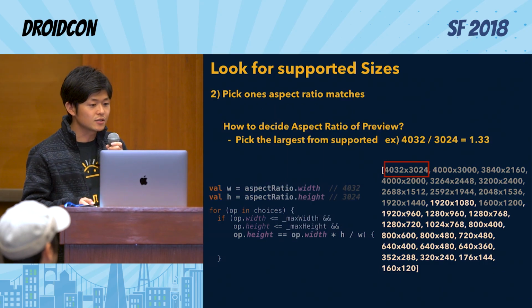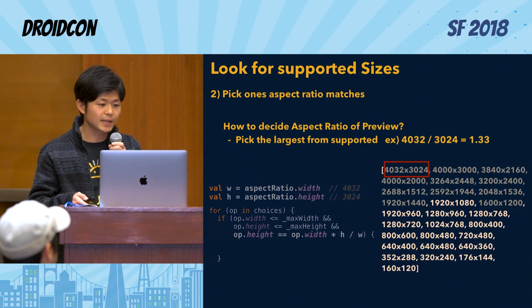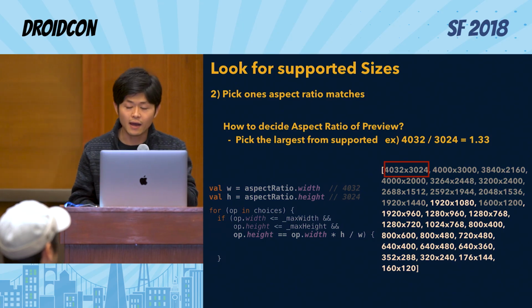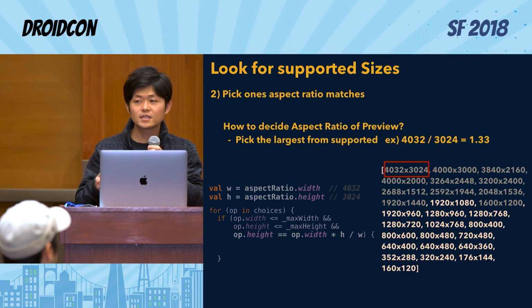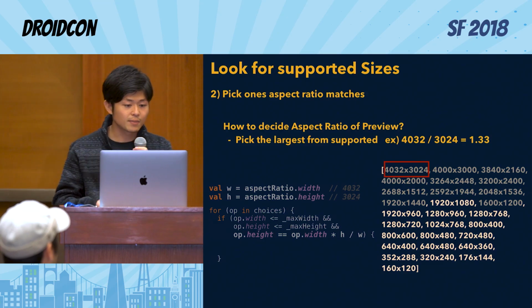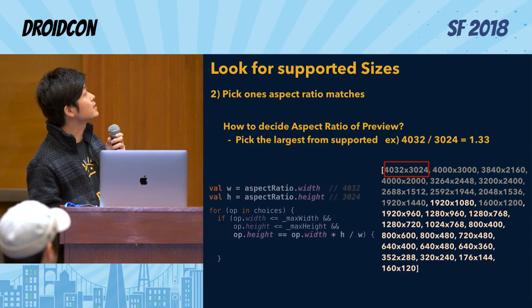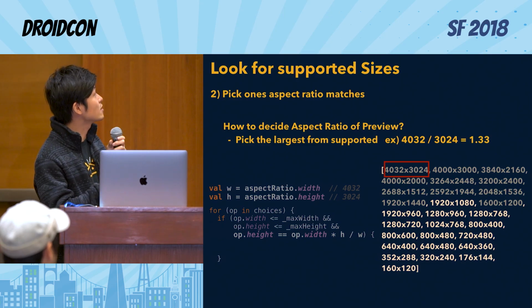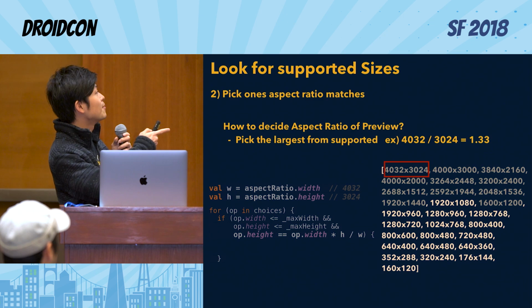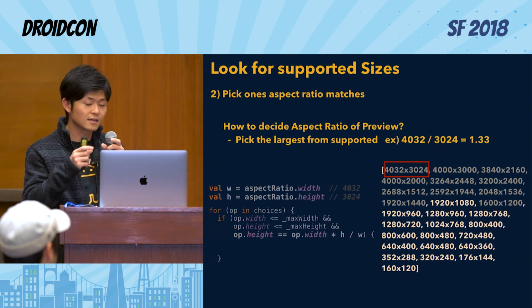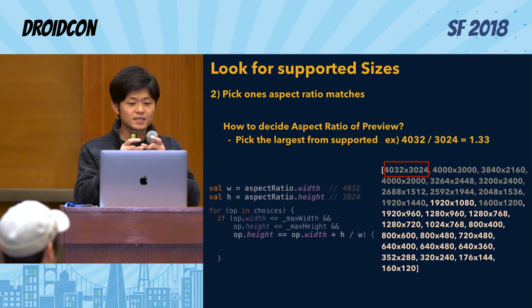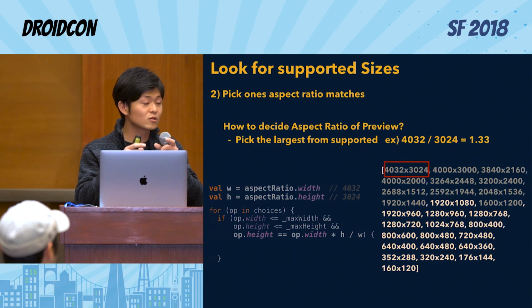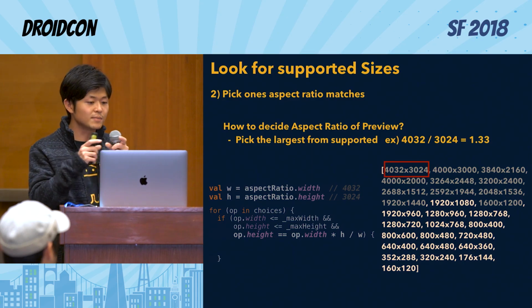The next step is to pick the ones whose aspect ratio matches. To decide the aspect ratio of the preview, the easiest way is to choose the largest size that the device supports, because this list is actually the sizes of the image sensor, and we want the ratio of the image sensor.